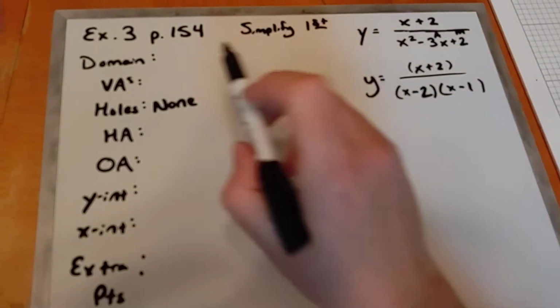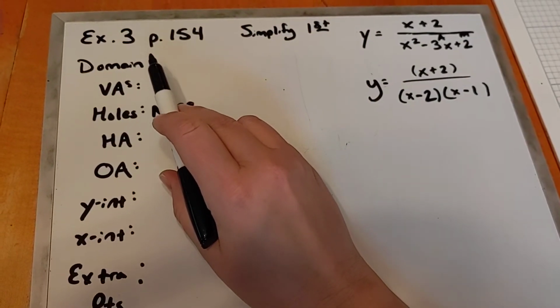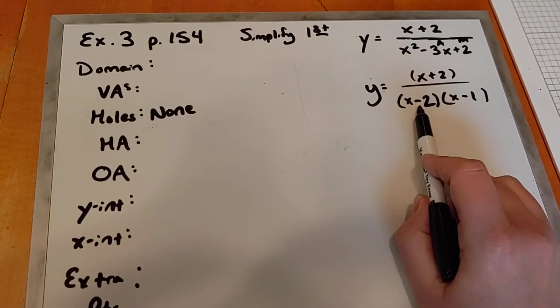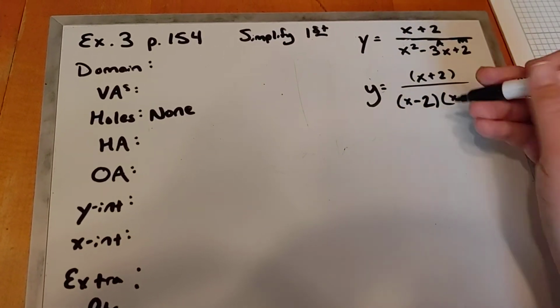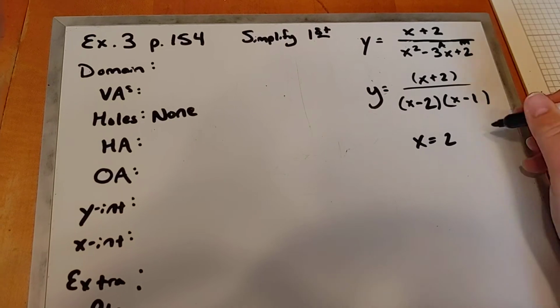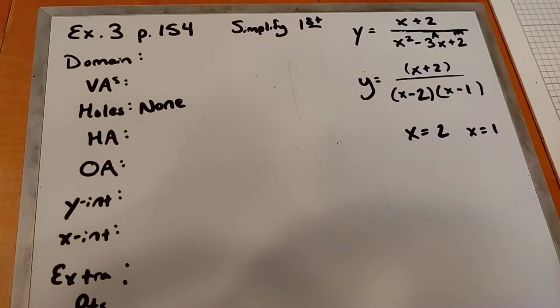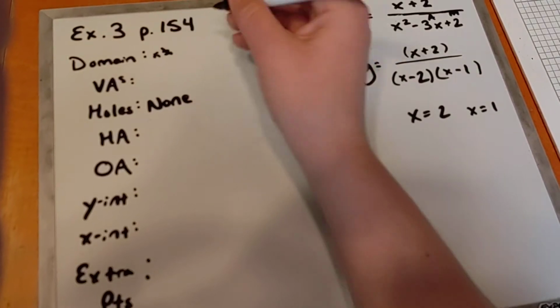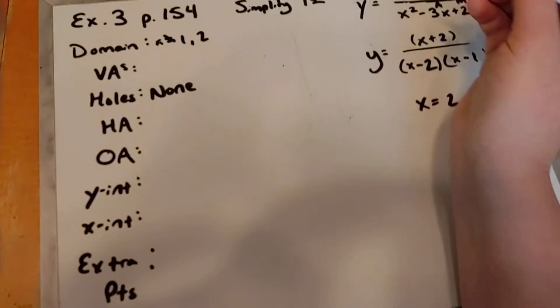All right, but let's go ahead and find our domain. So domain says that we set the denominator equal to 0. I already factored it. If I set this equal to 0, I'll get 2. And if I set this equal to 0, I'll get 1. Those are the only two values excluded in my domain. So x cannot equal 1 or 2.